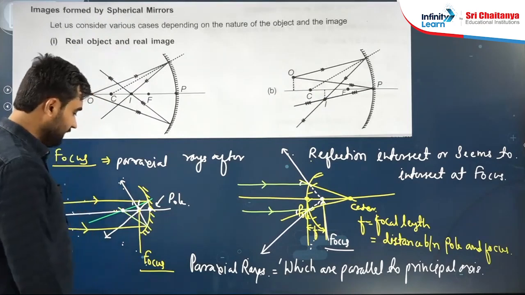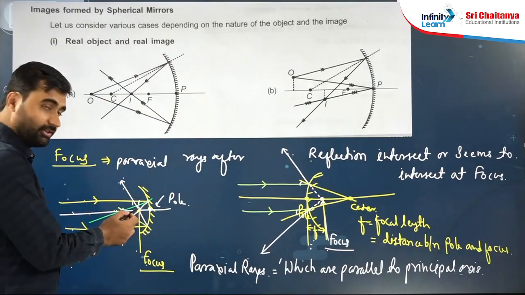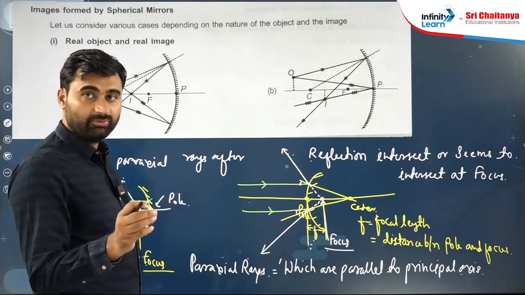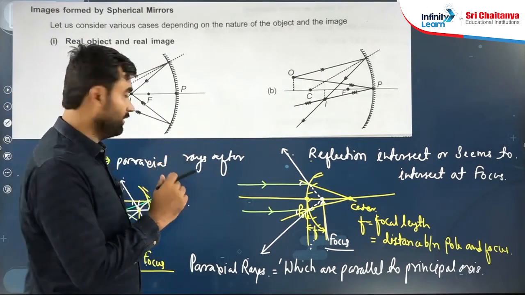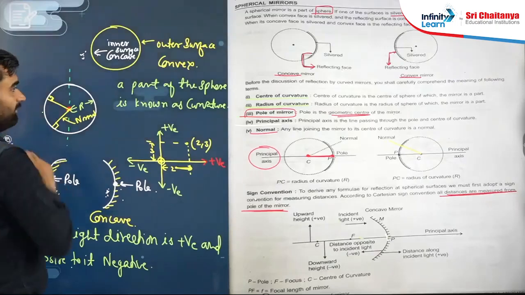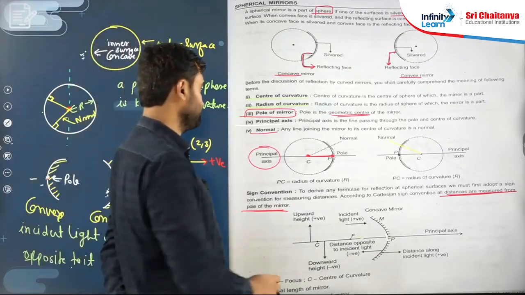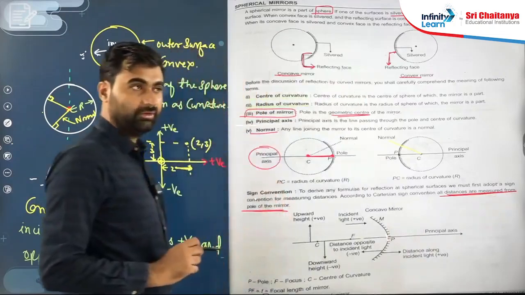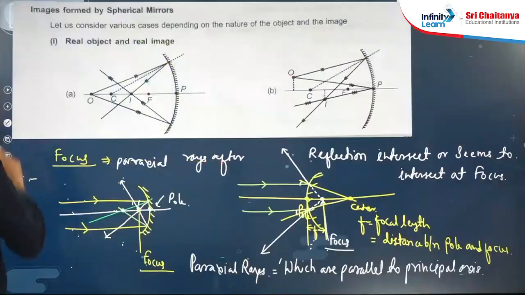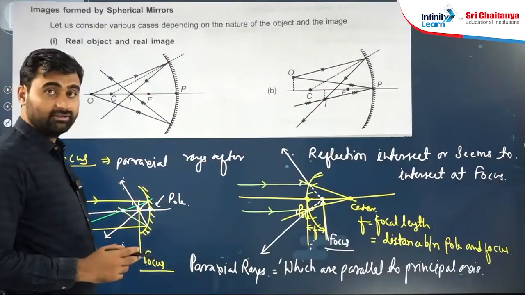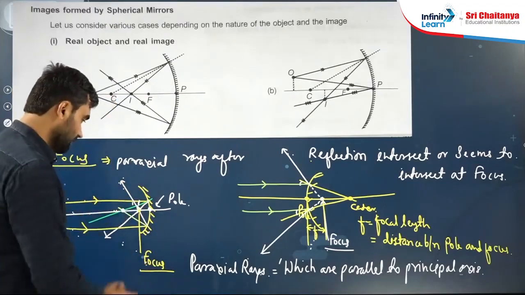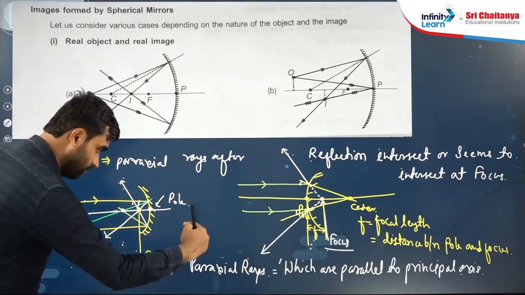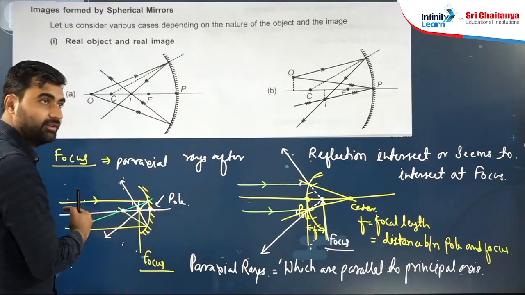Okay, so here this is the position of focus. Now everything we have to calculate from pole. Already we discussed that all measurements we have to take from pole. So if we have to measure focal length, we have to move from pole. So this is pole, this is focus. We are moving pole to focus in this direction, right?